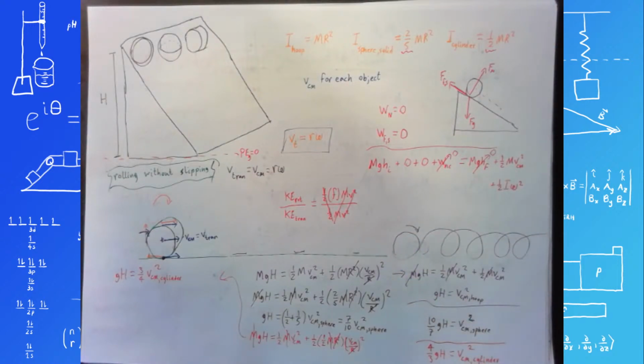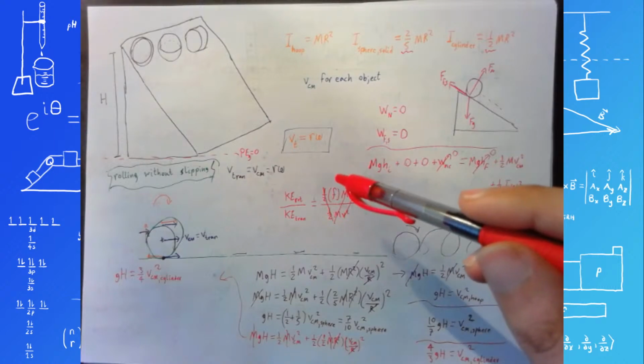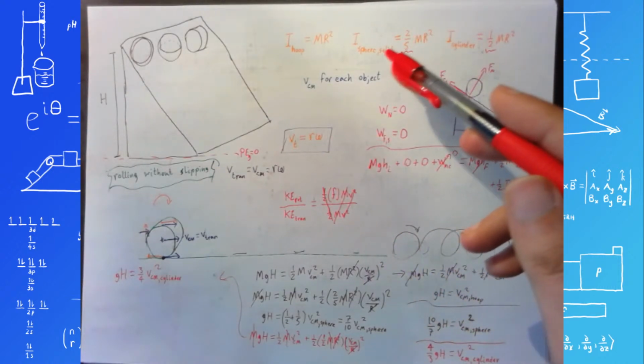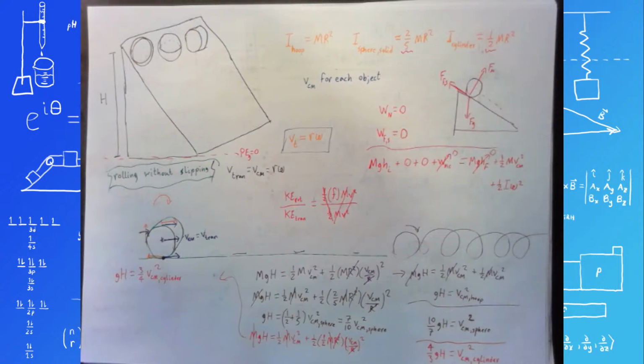So basically you would take the total kinetic energy and divide it into 7 portions, and you would give 2 of those portions to the solid sphere's rotation, and 5 of those 7 portions would go to translational kinetic energy.